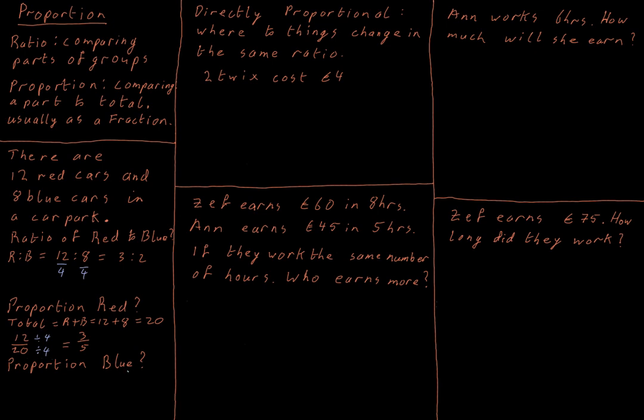So what's the proportion of blue cars? The proportion of blue cars, well, we know our total now is 20, so our proportion of blue cars is going to be our number of blue cars out of our total. So that's going to be 8 out of 20. And again, we have a common factor of 4. So we can simplify that down.